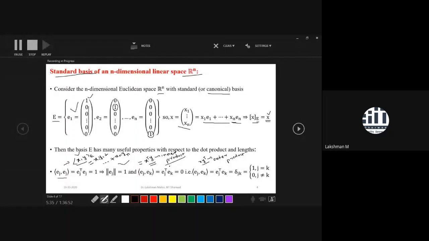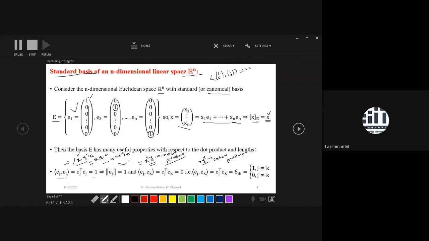With respect to a specific basis, we need to know what the basis is, and then we will talk about the representation of a few concepts. So it is the inner product of x and y with respect to the standard basis E. If you take the inner product of the jth element of this standard basis with itself, what would it be? It would be the dot product of 1, 0 with 1, 0 itself.